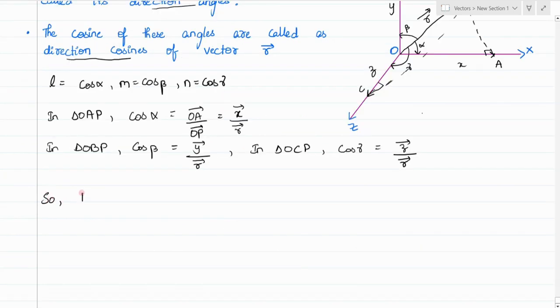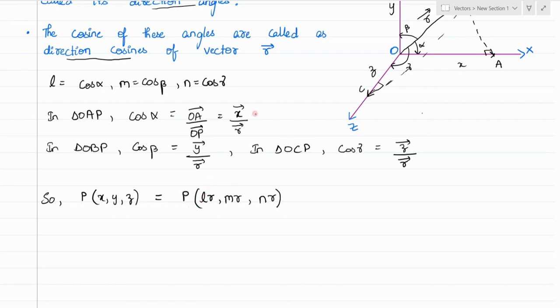So the coordinates of point P, which means x, y, z, can also be represented as LR, MR, and NR. L is nothing but cos alpha.